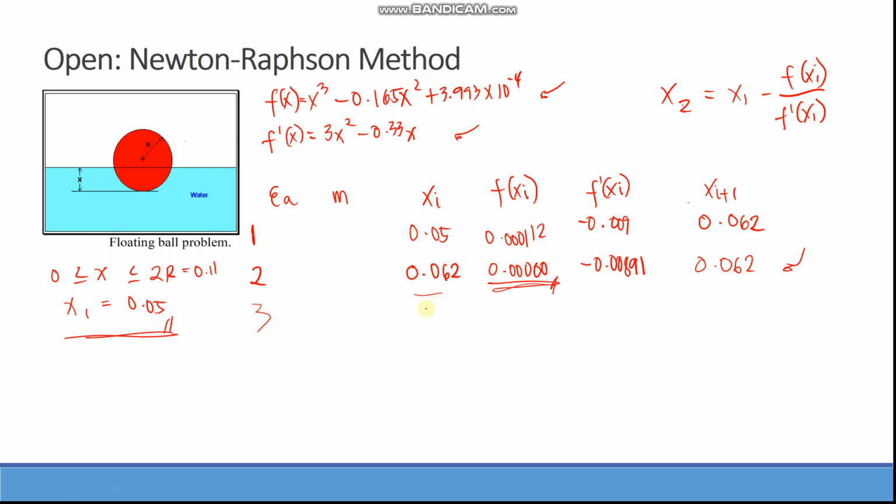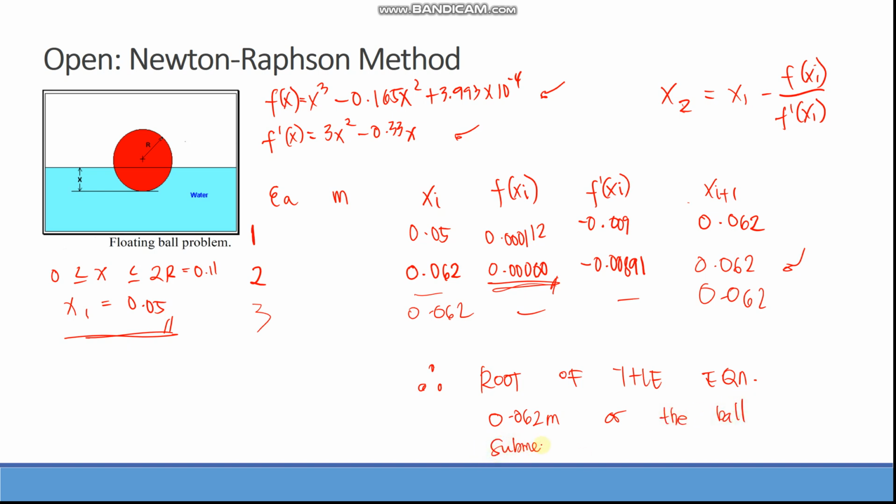If we just continue this, we actually get the same result. So at the second iteration, we have already quantified that the root of the equation is 0.062 m, or the ball is submerged at a depth of 6.2 centimeters.